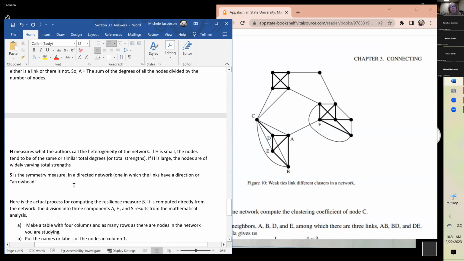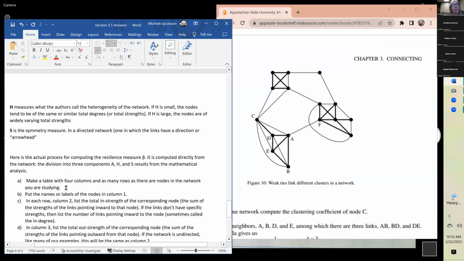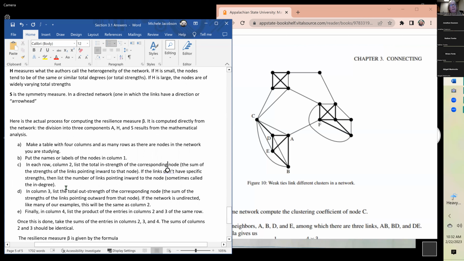The symmetry measure: in a directed network, one in which the links have a direction or arrow, which these don't, S would have a value. But here are the steps. And there is on the homework tonight, you need to make a table and find this.